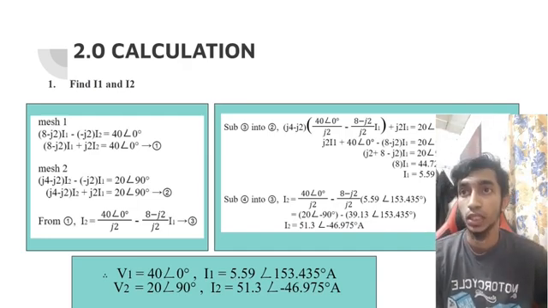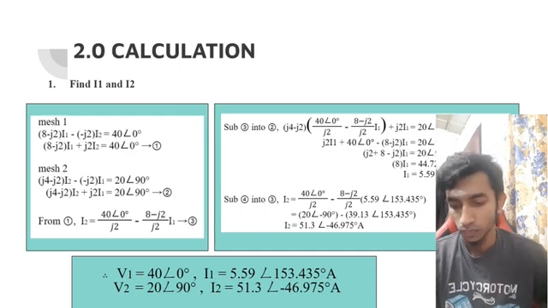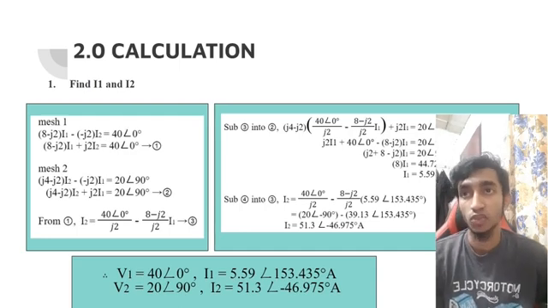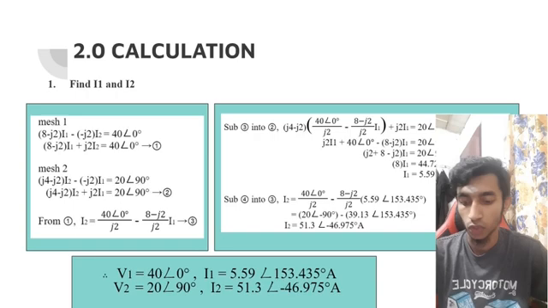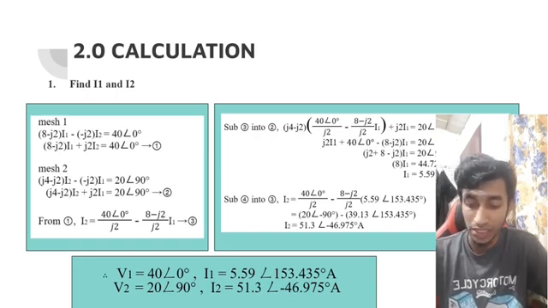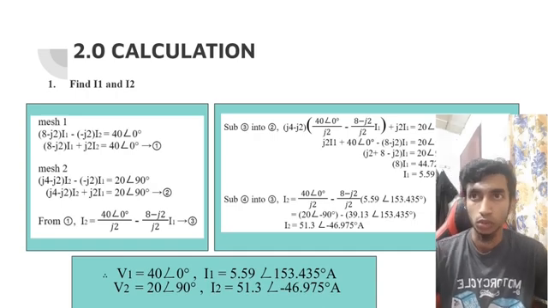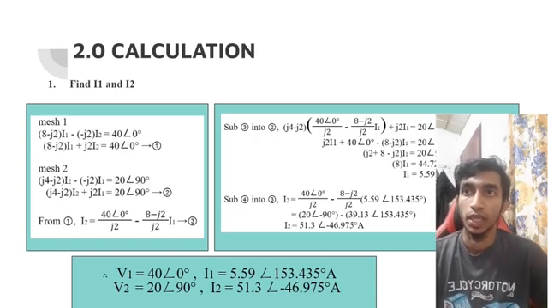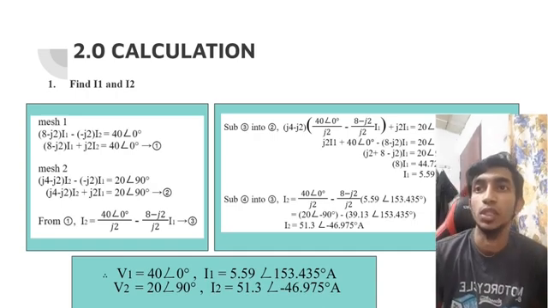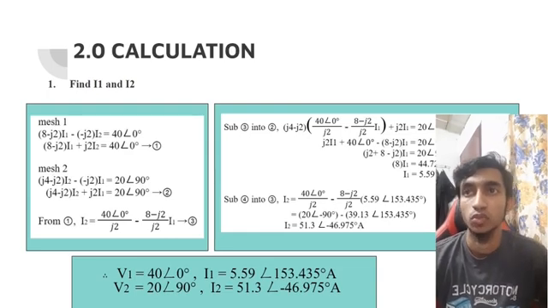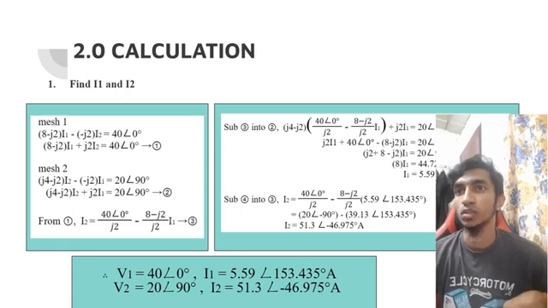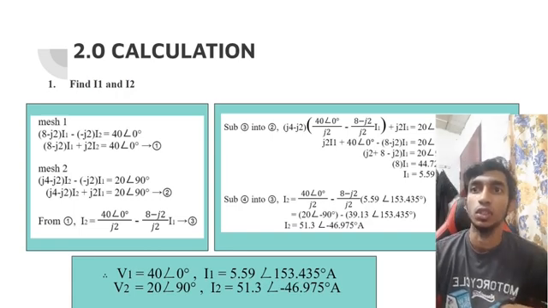Resistor's value is 8 ohms and capacitor's value is negative j2. In the second part, for the I2, there is a capacitance in between I1 and I2, so we will include negative j2. Then we will get the first equation, which is (8 - j2) I1 + j2 I2 = 40∠0°.